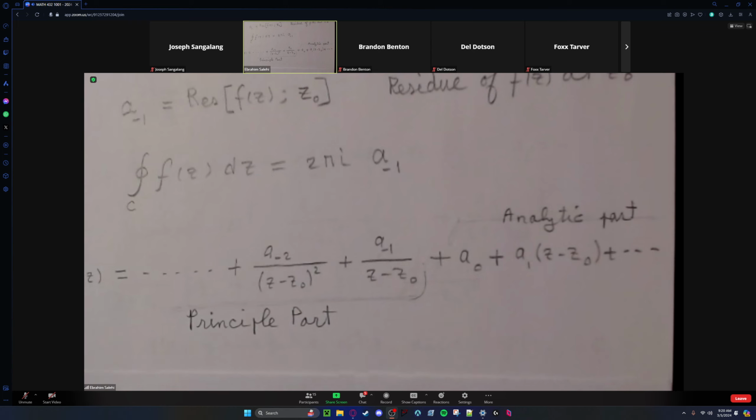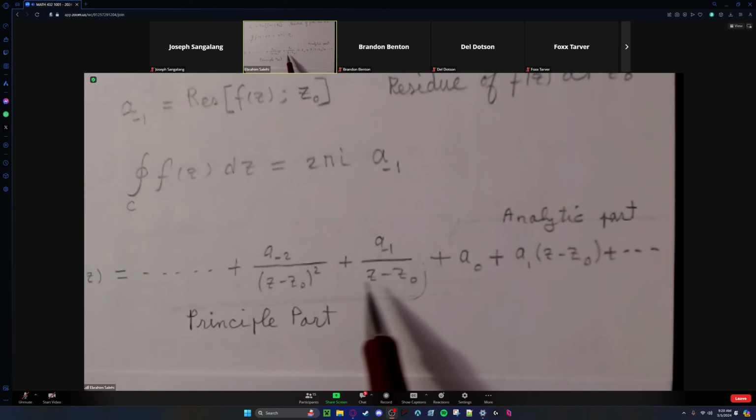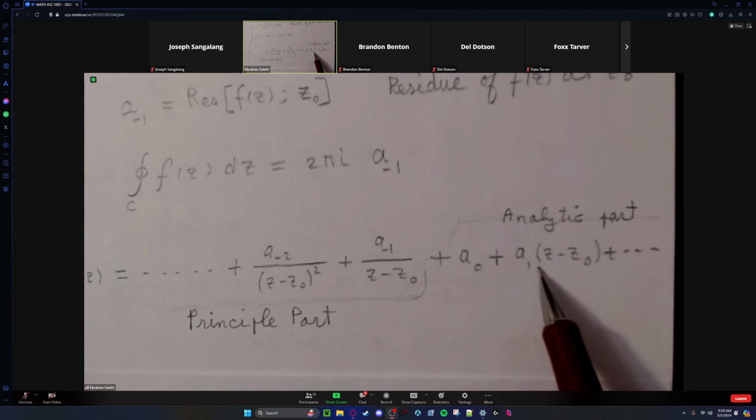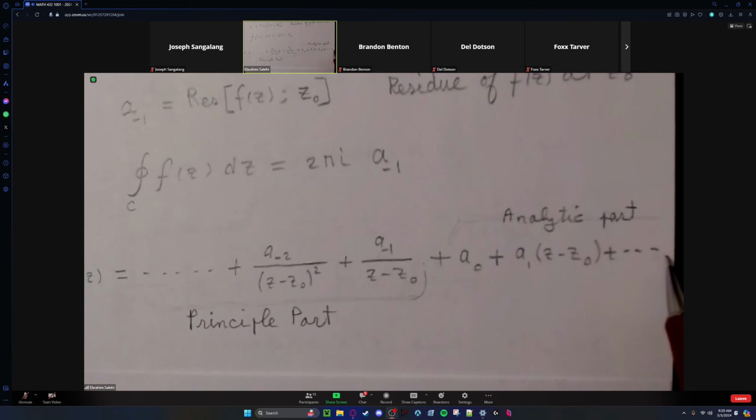Well, we have some sort of naming or terminology here. When you write the Laurent series, this part, the constant and positive powers of z minus z naught, is called the analytic part. Of course, it is analytic, right?